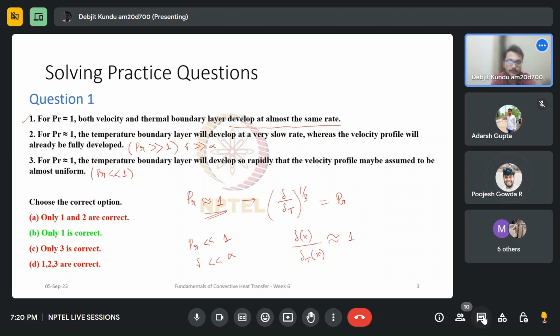No, sir. Okay, so this thing became clear, right? So depending on Prandtl number, we can predict which of the boundary layers will grow faster than the other. Makes sense, right? Okay. Any other questions? Okay, so if there are no questions, we will move along.